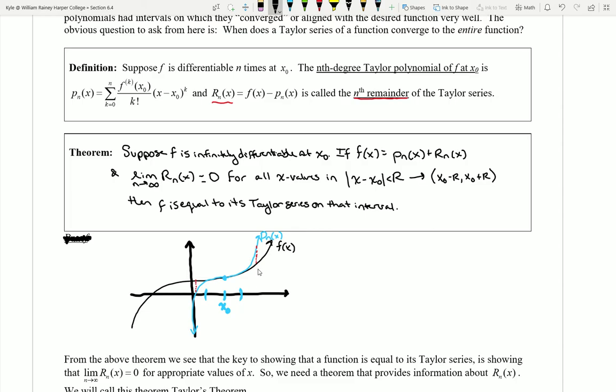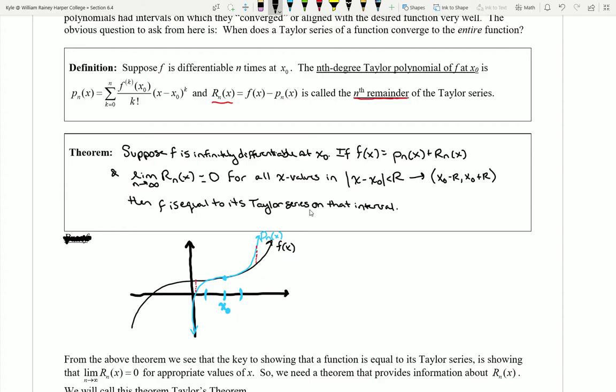If all the gaps are no longer in existence, then I know for sure that these two things are identical. And that's actually what we've written here, is that as long as the remainders move towards 0 on some interval of values, maybe not everywhere, then we can say that f, the black function, is equal to its blue Taylor series on that interval. If there's no more gaps, the two things have to match. So that almost seems fairly intuitive.